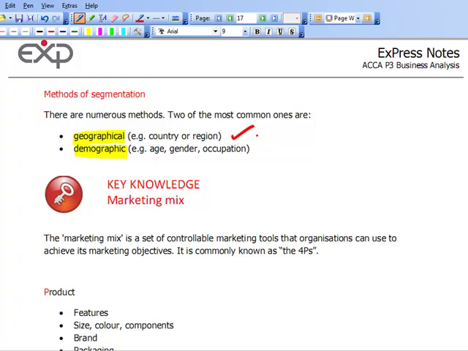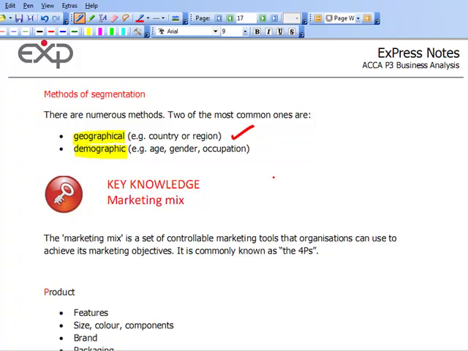A good example of a product where we could use market segmentation according to geography would be replica football shirts. Let's say you are doing some research into the Brazilian football shirt, the design for that. It would probably make more sense to have the market segmentation split according to countries. It would be more use in Brazil as opposed to Iceland or Finland or places like that.